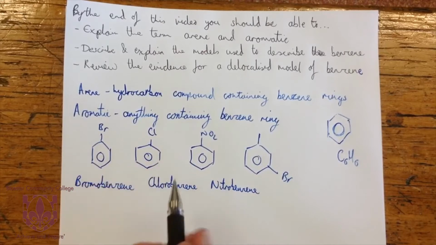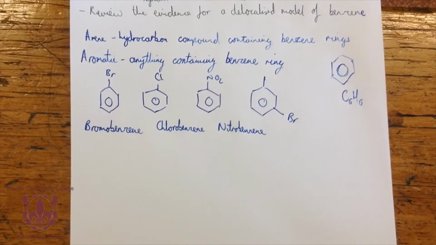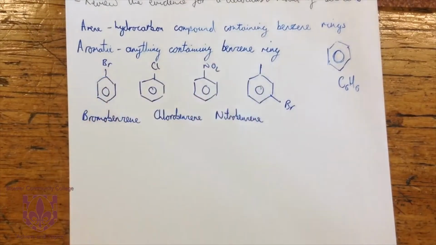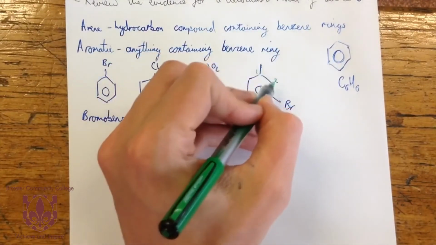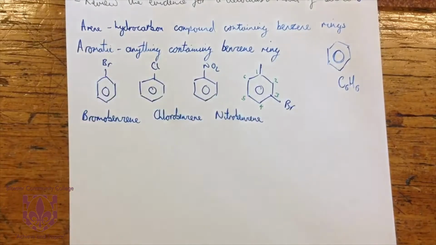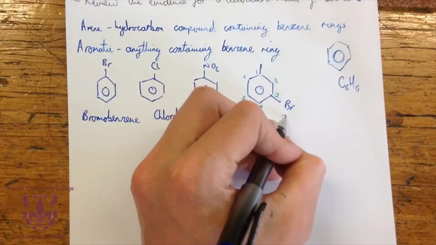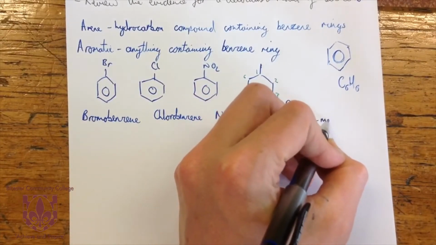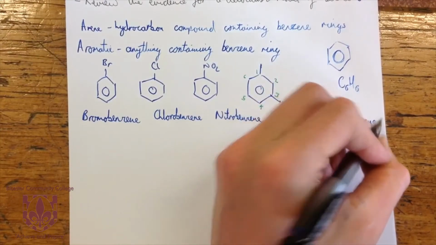And then here, what we do when we're naming compounds based on benzene with more than one group off the ring, you number the carbons. So we're going to say this carbon is 1, 2, 3, 4, 5, and 6. And then we say that this is 3-bromo methylbenzene.